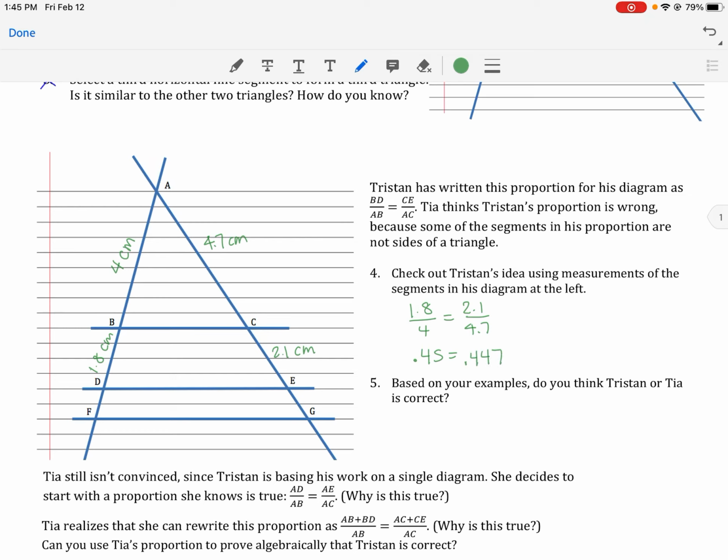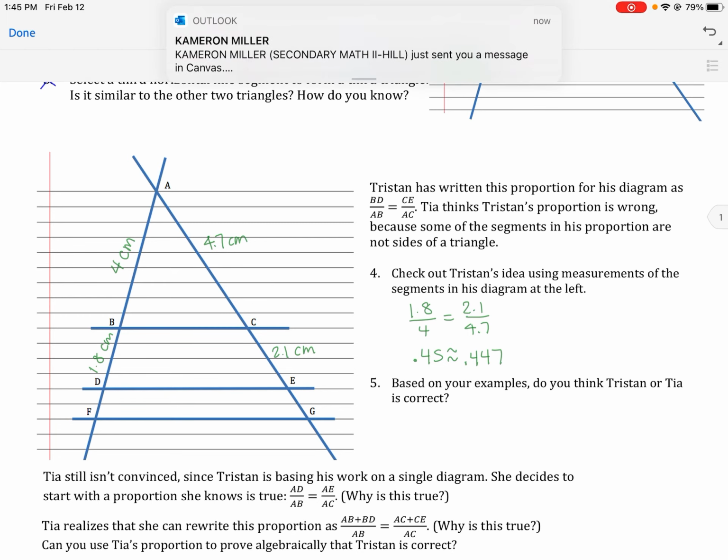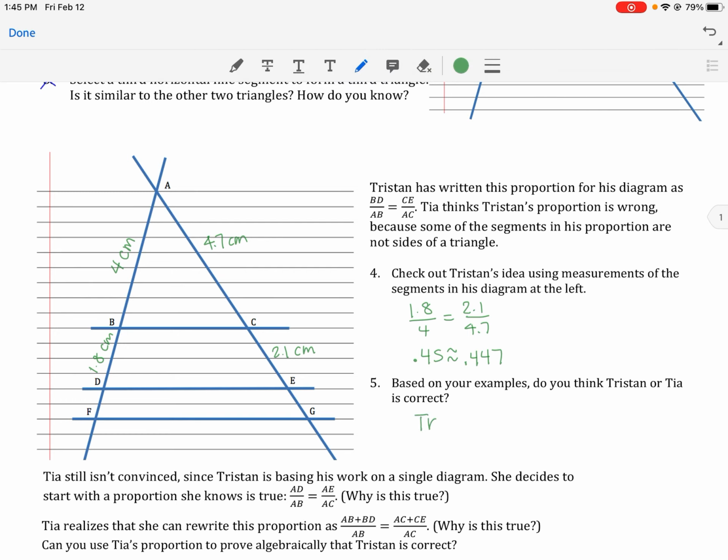We talked about how, depending on the way you measure, it's pretty close but may not be exact. There's some room for error because we can't measure exactly. So, is Tristan or Tia correct? Tristan actually was. Those proportions are equal.